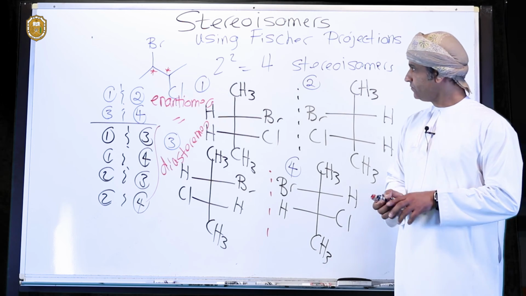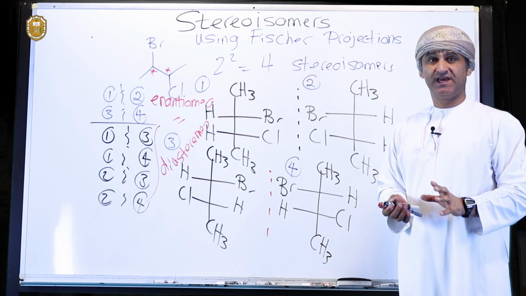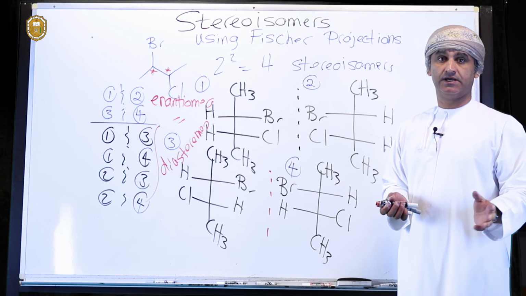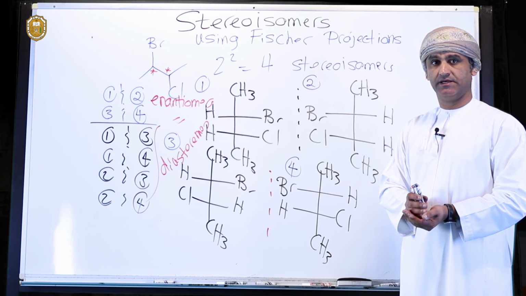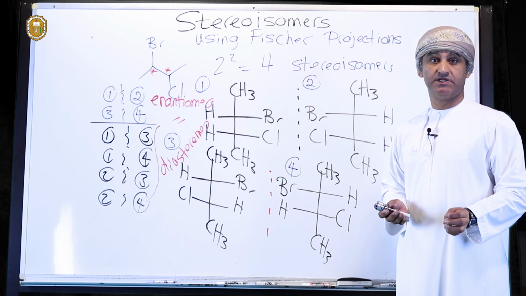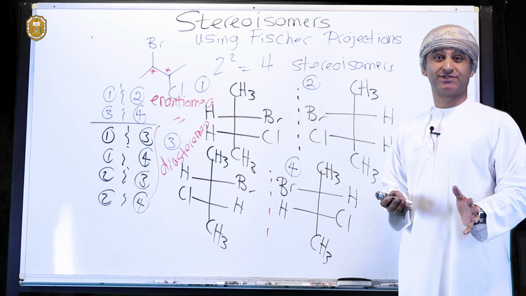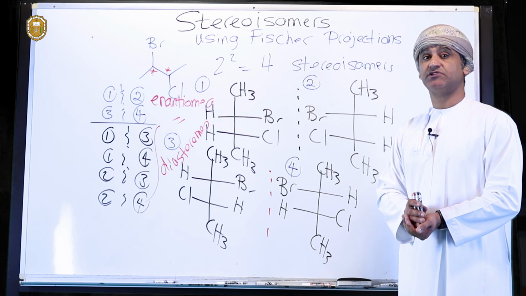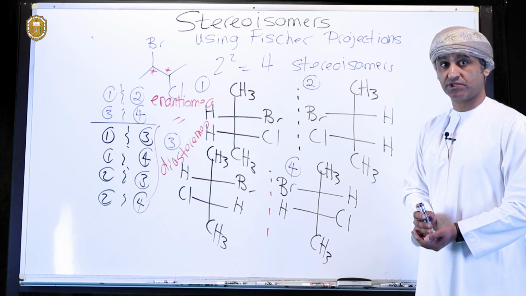Again, stereoisomers can either be enantiomers or diastereomers. They are enantiomers if they are non-superimposable mirror images. If they are not mirror images to start with, then the stereochemical relationship between them is diastereomers.